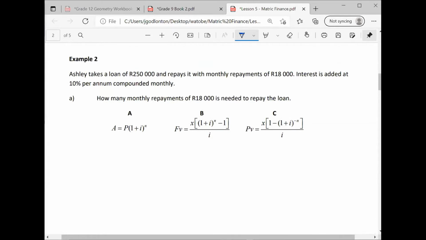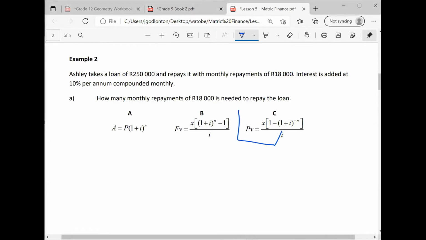Okay, I'm seeing some answers coming in. Beautiful. It absolutely is C because it's a loan. And as soon as it's a loan, it is a present value bulk sum of money that I'm paying off slowly over time. So you're absolutely right.